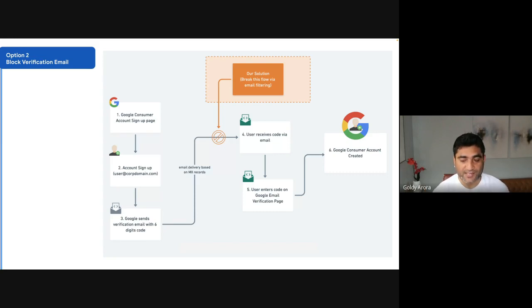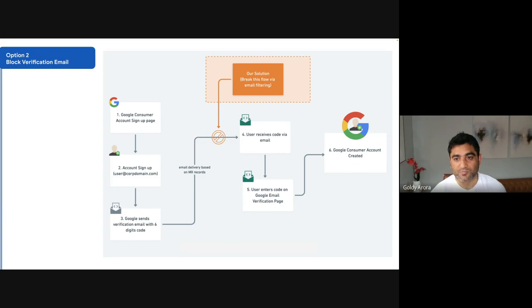So if your organization is on Google Workspace and your MX are pointing to Google Mail servers, you are all covered. You don't need to do anything to stop that. But if you're leveraging Google Cloud Platform and on the email side you're using Office 365 or anything else than Google Workspace, then we will deliver that 6 digit code based on your MX records.